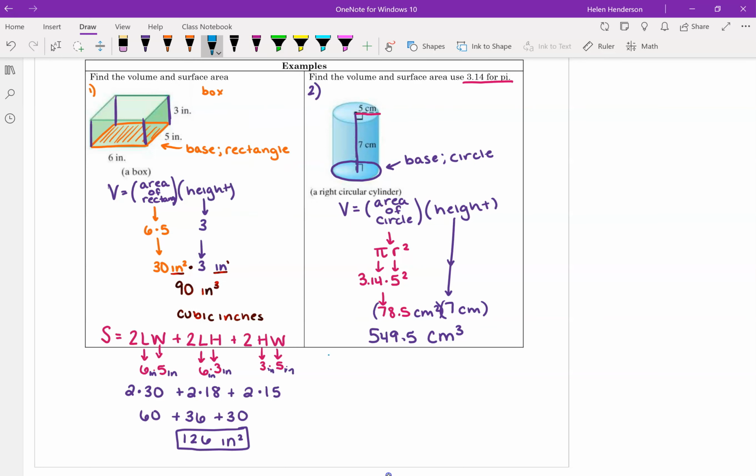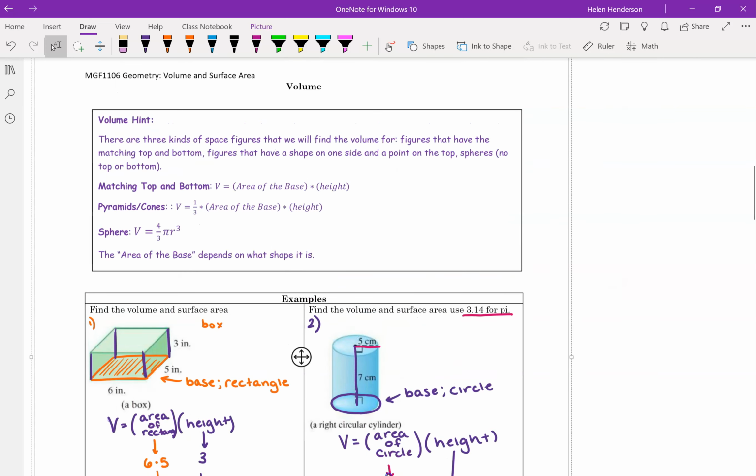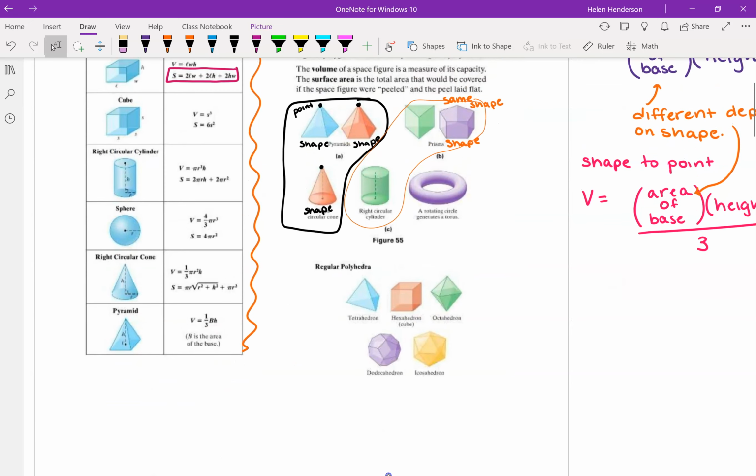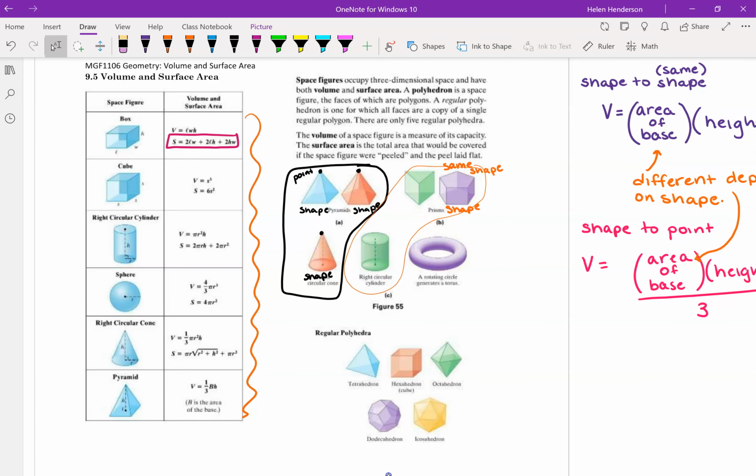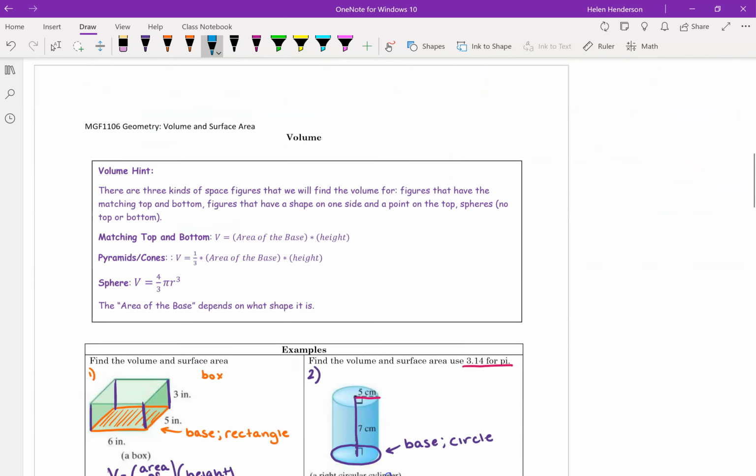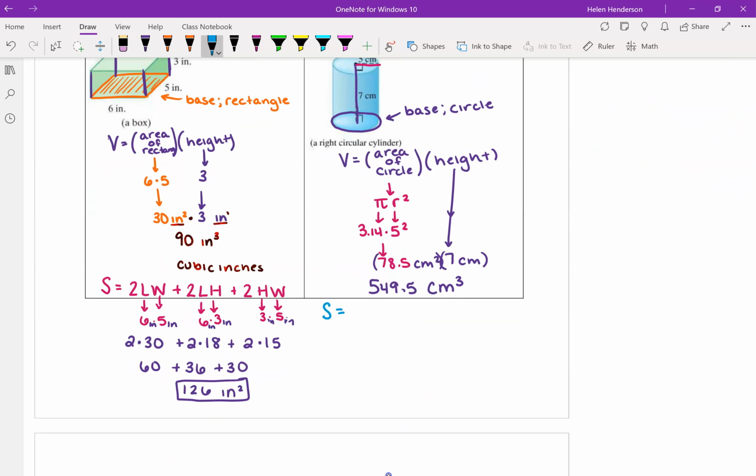For surface area, we're going to go back and look at that formula. So the surface area of a right cylinder is 2 pi r h plus 2 pi r squared. Let's start filling these in.